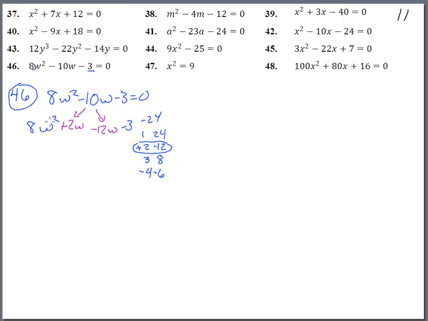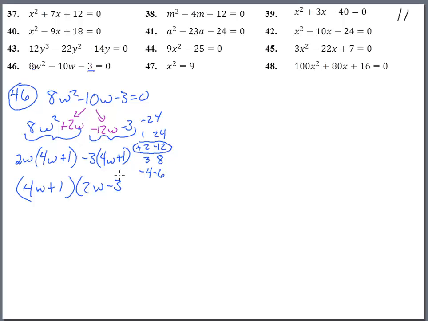And then it will be equal to 0. We now have 4 terms, so we group. We get 2w, 4w plus 1, is that right? And then over here we can take out the minus sign and a 3, and we're left with 4w plus 1. We can take out that 4w plus 1, and we'll get 2w minus 3.